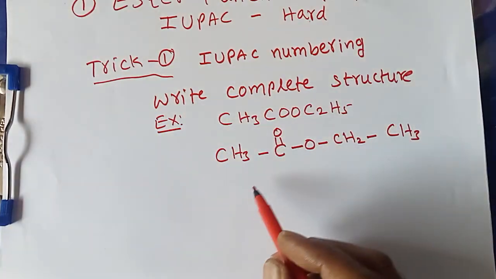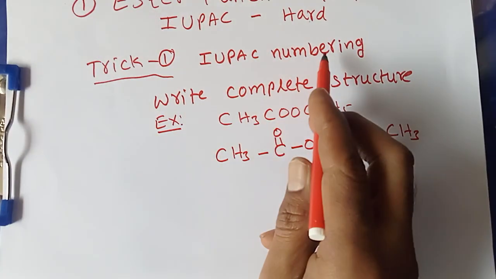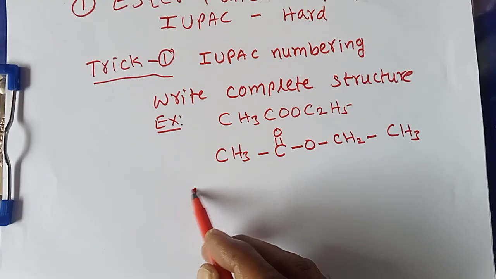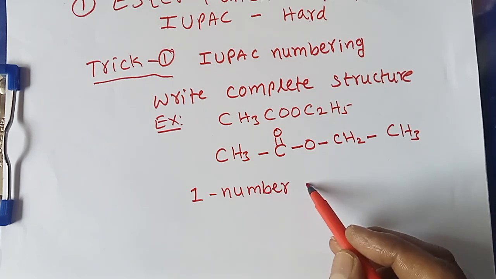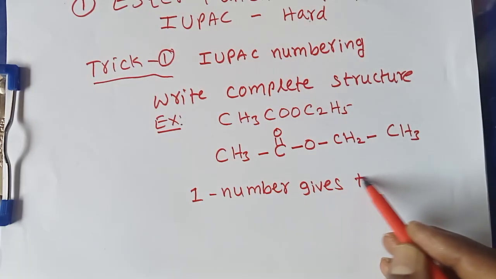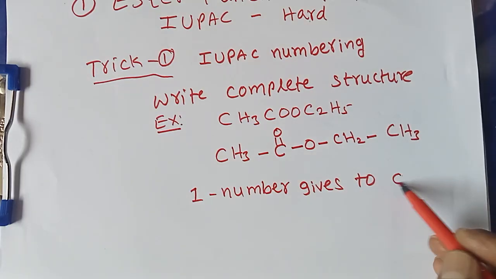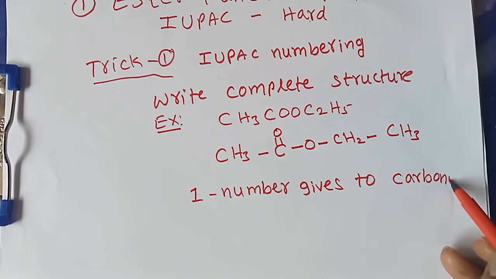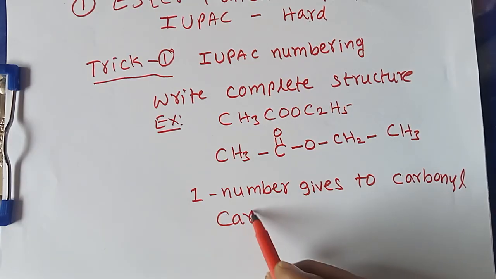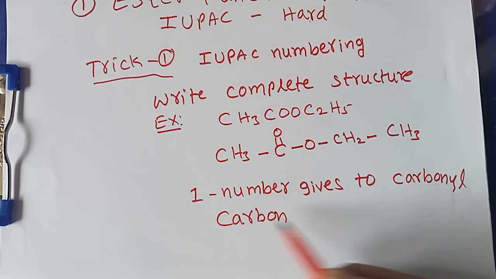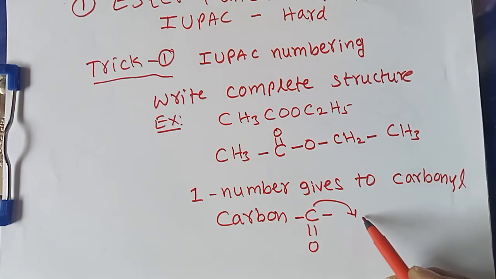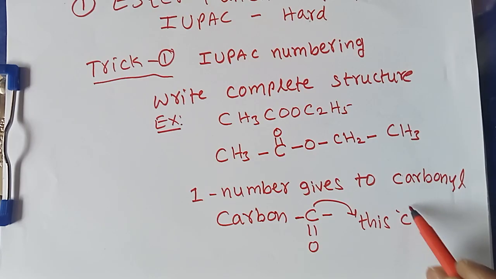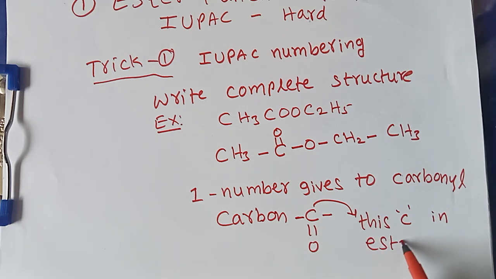Here, Trick 1 is IUPAC numbering, which means one number is given to the carbonyl carbon, the C double bond O carbon, in the ester functional group.